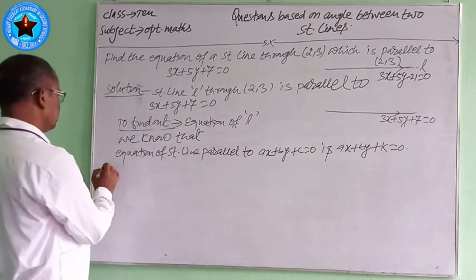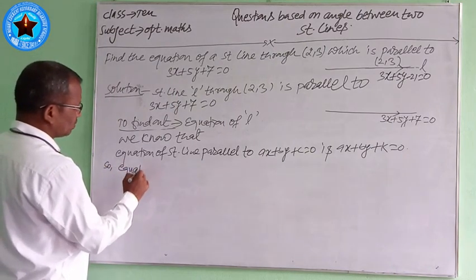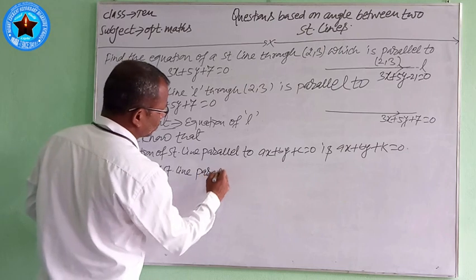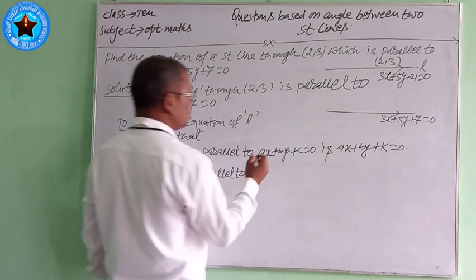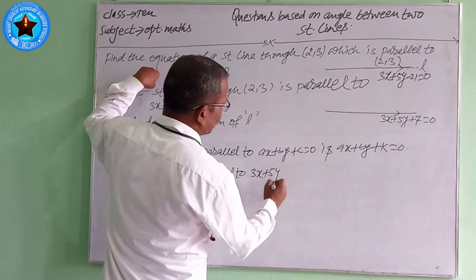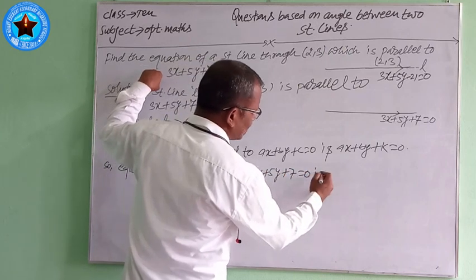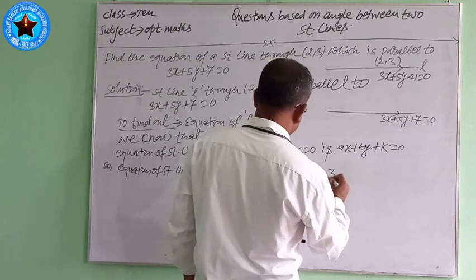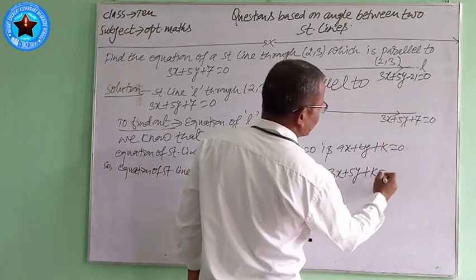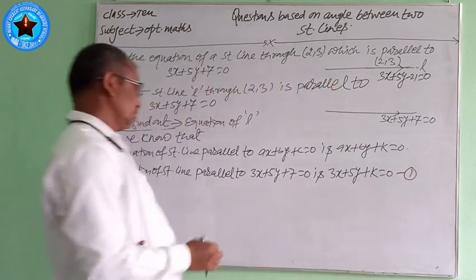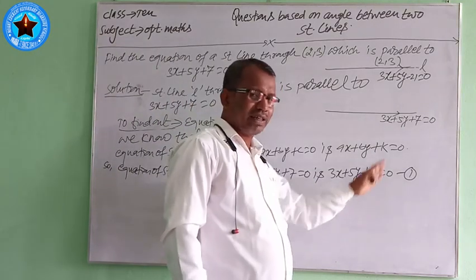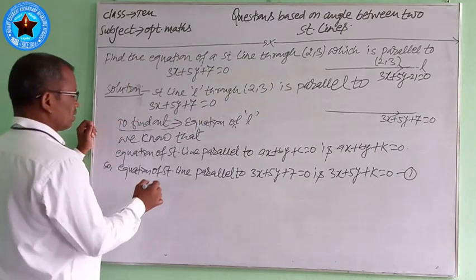So we can write that the equation of a straight line parallel to the given straight line, that is 3x plus 5y plus 7 equals 0, is 3x plus 5y plus k equals 0. A straight line L.